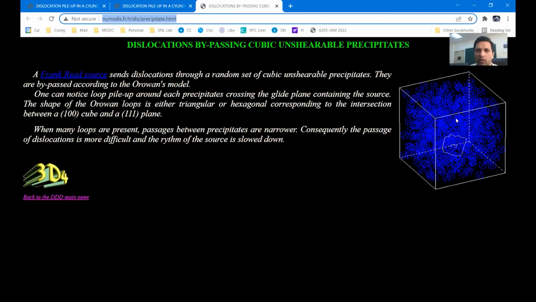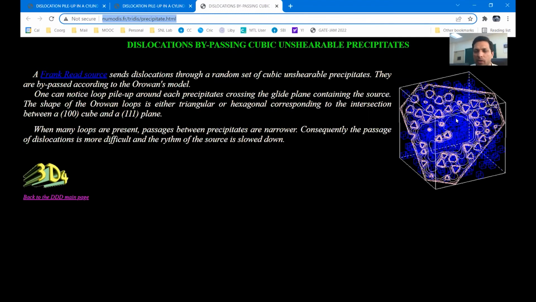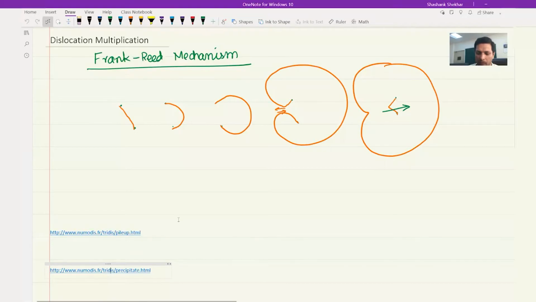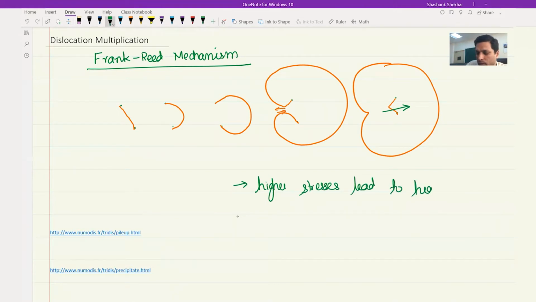And we know that if the dislocation density increases, then tau is equal to alpha G b under root rho. So the higher the dislocation density, the higher will be the shear stress required for every new dislocation. This is clearly a very well-established mechanism for dislocation multiplication, and it shows that higher stresses lead to higher dislocation density.